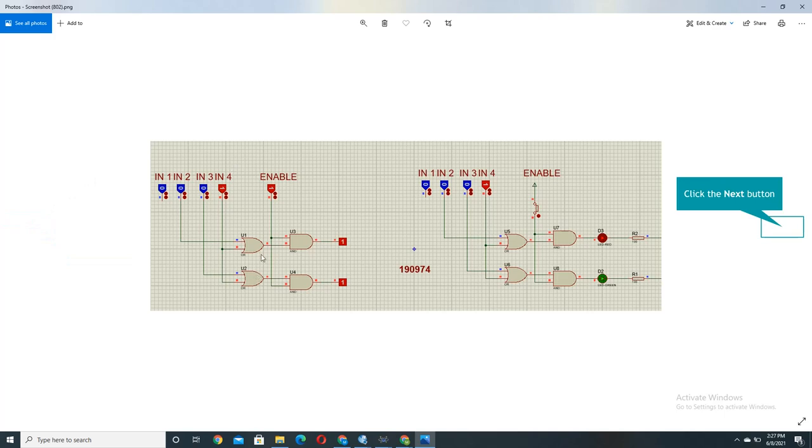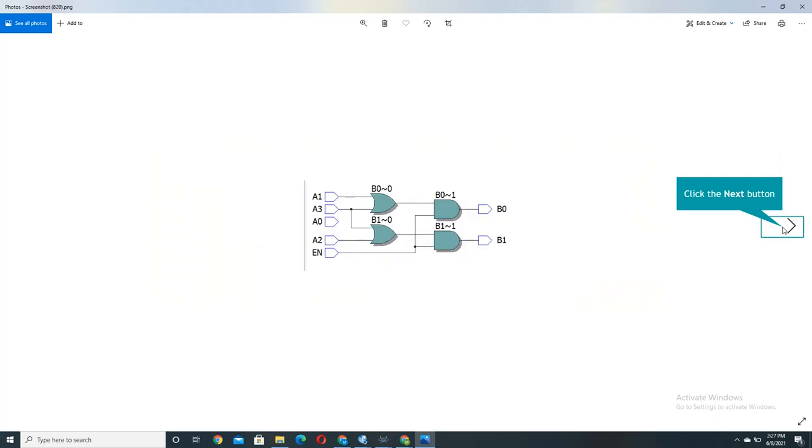You can see over here that B1 is equal to input 1 plus input 3, and I consider these input 1, input 2, input 3, and input 4. Then we would be multiplying it with enable, because it is an AND gate, and it would be resulting in its output.